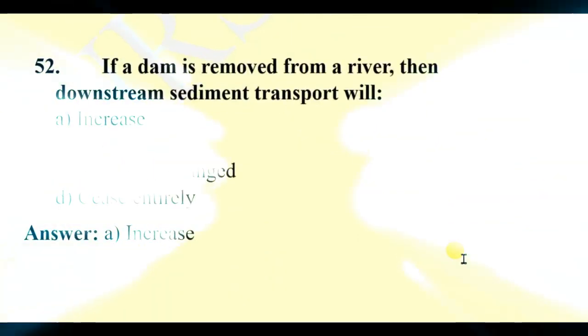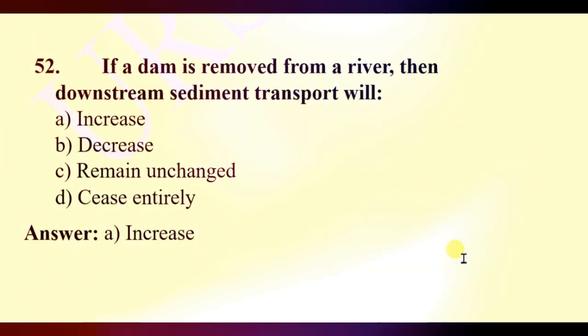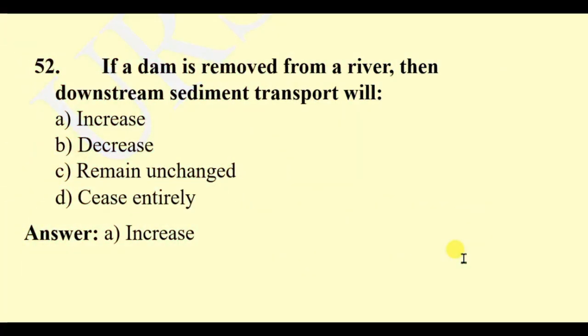Question 52. If a dam is removed from a river, then downstream sediment transport will increase, decrease, remain unchanged, cease entirely. Here the right answer will be increase, because a dam can store a large amount of sediment upstream of the dam due to the barrier.